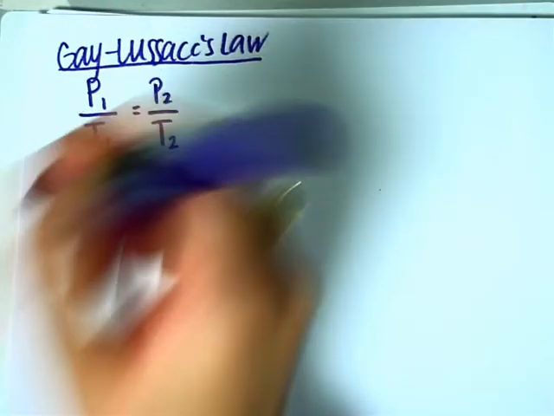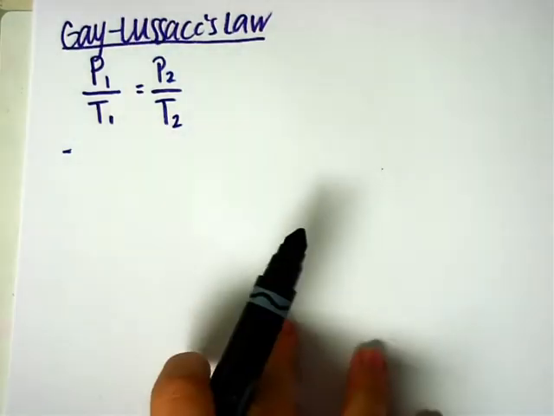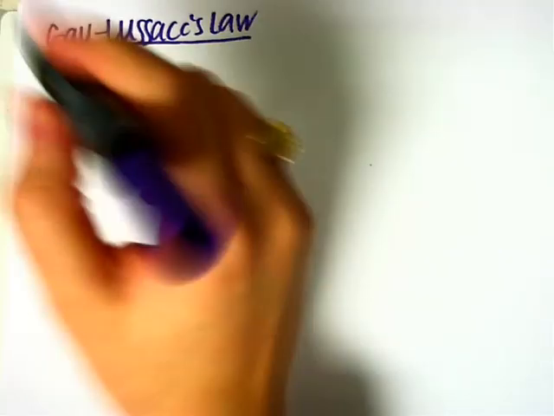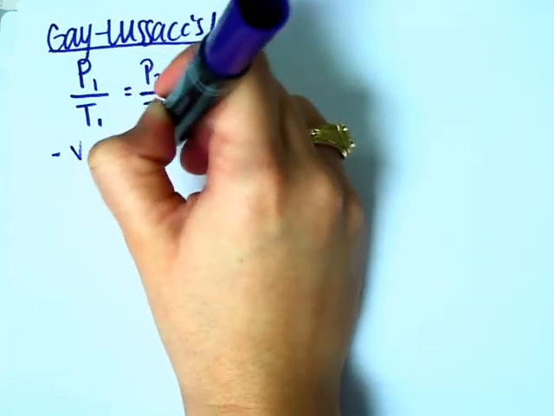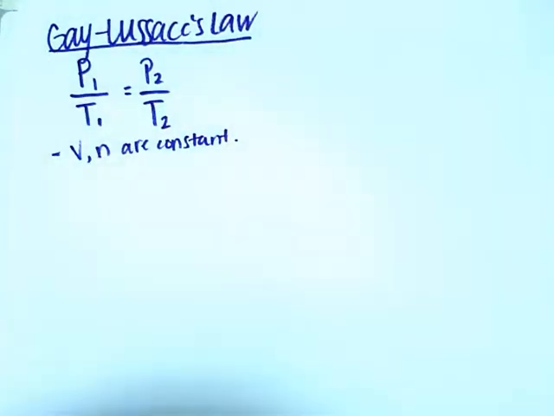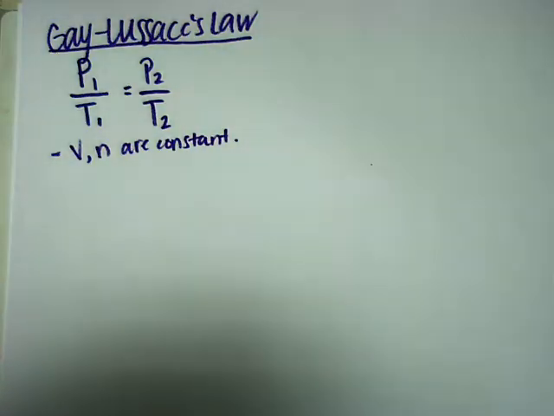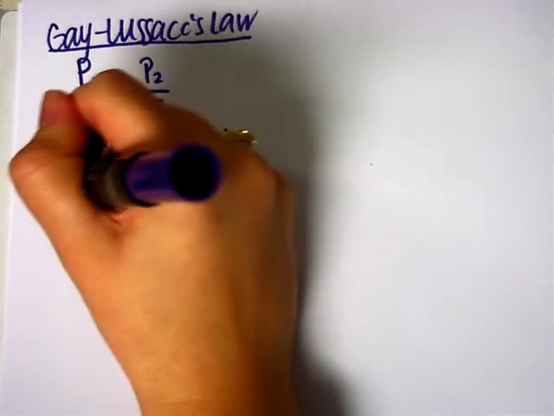Okay. So what are we keeping constant? What stays constant? Volume, and the number of moles. So we didn't include them. We only care about the things that are going to be changing.